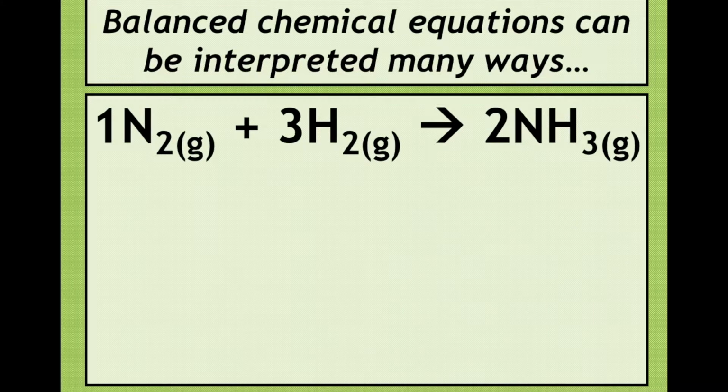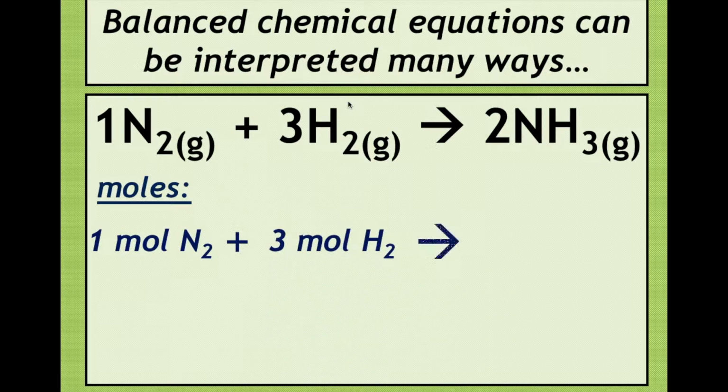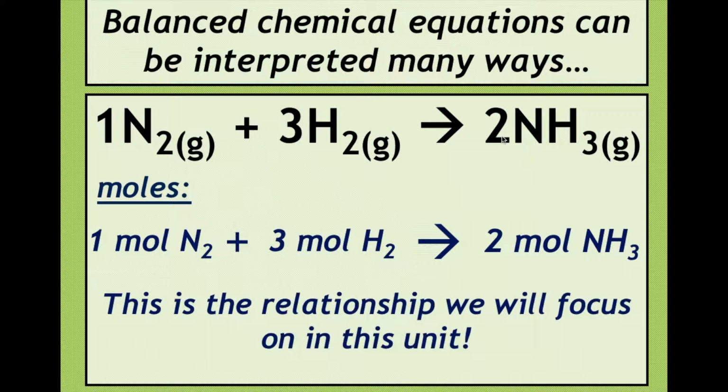And we will also look at it in moles, and this is the new thing you're learning. So you'll learn that the coefficient is how many moles of this you're using, or you have. So for example, in this case, you have 1 mole of nitrogen, and you have 3 moles of hydrogen, and you have 2 moles of ammonia.